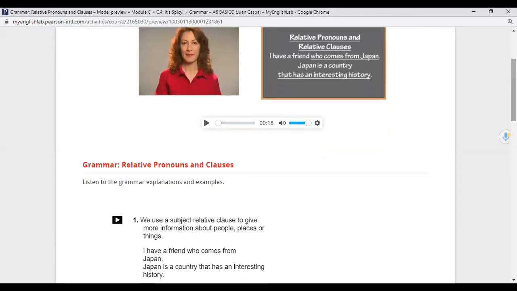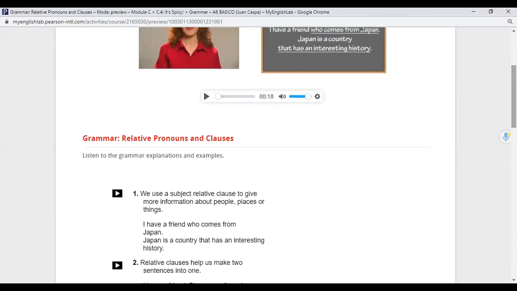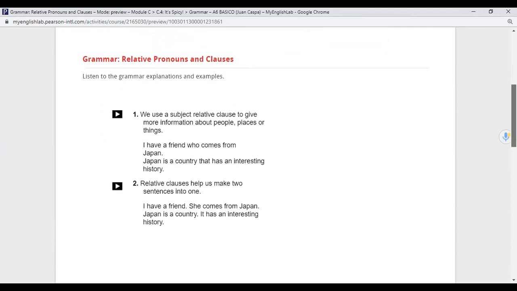I have a friend who comes from Japan. Japan is a country. When we talk about relative pronouns and clauses, we use a subject relative clause to give more information about people, places, or things. For example, I have a friend who comes from Japan.